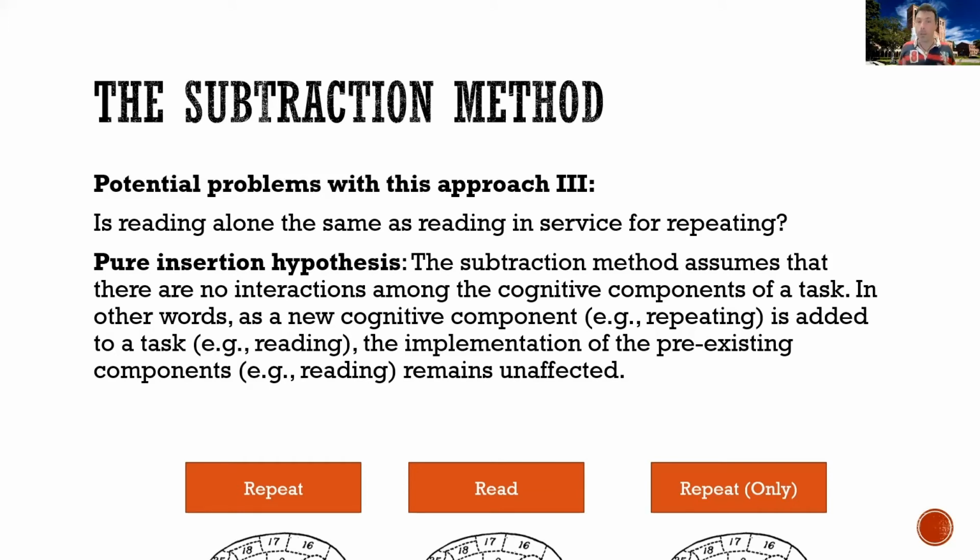In other words, we assume that reading to repeat and reading to read are the exact same thing. Adding a repetition on top of reading doesn't change the way in which you read. That's the assumption. And in behavioral experiments, you can test that, because if you make a task harder and harder, you can see if the response time becomes longer and longer in some kind of linear fashion.